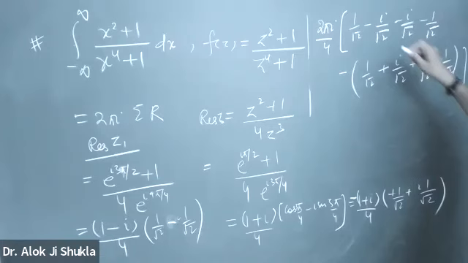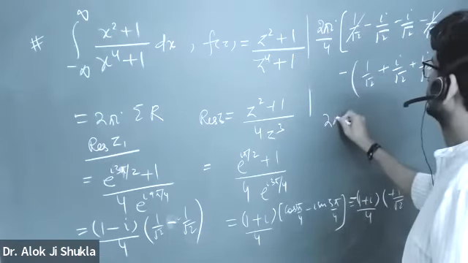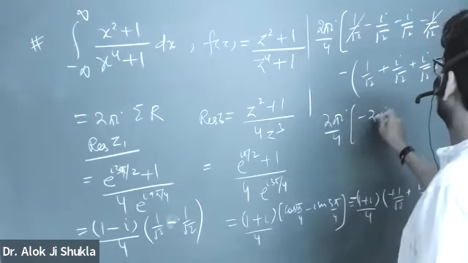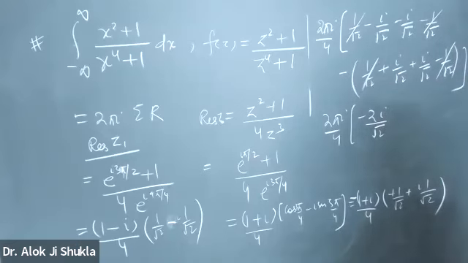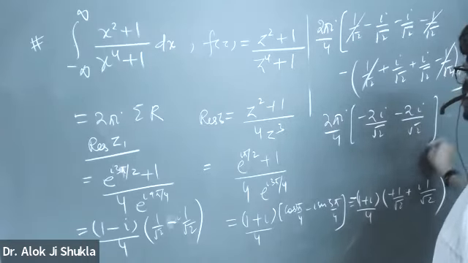So in this case, I think this will cancel. Minus 2I by root 2. And in this case also this will cancel. It will become minus 2I by root 2.